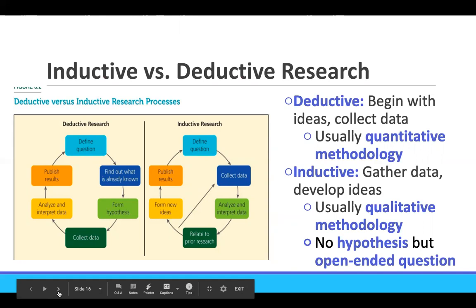We form a hypothesis because we find out what is already known. So we're able to make some type of plausible, logical statement of what we expect to find when we collect our data. But sociologists also do inductive research, and in inductive research, there is no hypothesis. Instead, as your book notes, there's just asking an open-ended question, then going out and collecting the data.